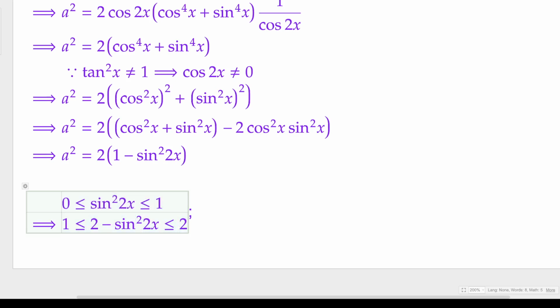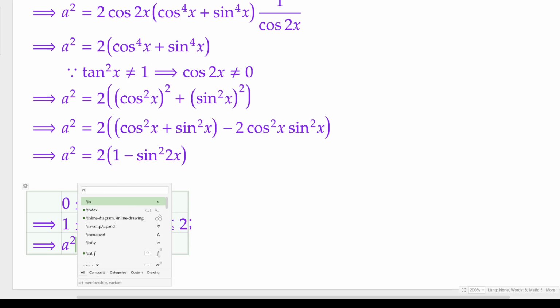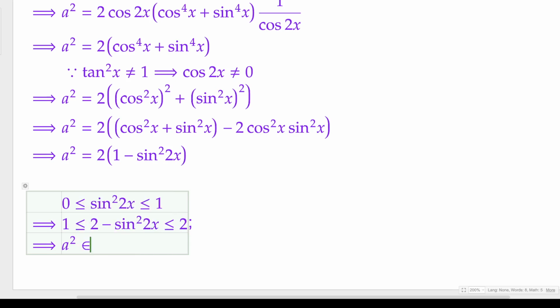Now from this we can clearly observe that this is nothing but my a squared, right? So from this I can say that a squared is going to belong to this particular range, that is 1 to 2, that's clearly visible.